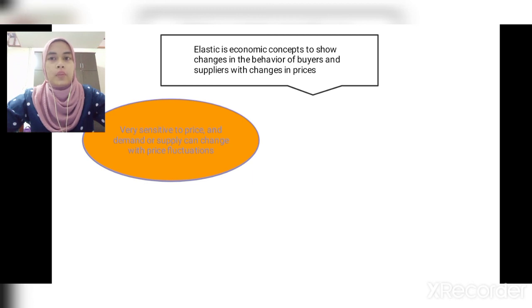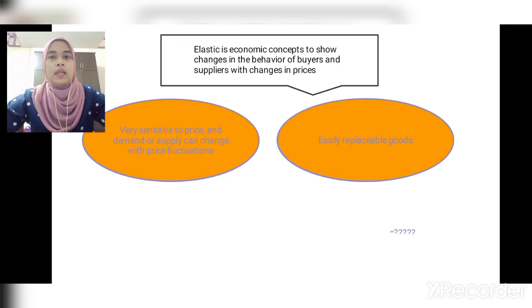But inelastic is when demand or supply does not change when prices change. When price changes do not significantly affect the quantity demanded or supplied, the product is referred to as inelastic.